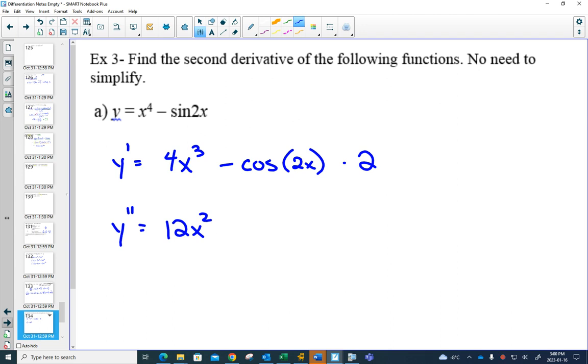I can think of that 2 in my head. I already moved that 2 out to the front of the equation. It's negative 2 cos 2x. The derivative of cos is negative sine, so this will become plus 2 sine, keep the inside the same, multiply by the derivative of the inside.